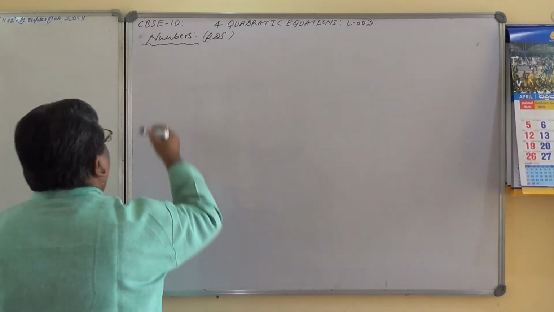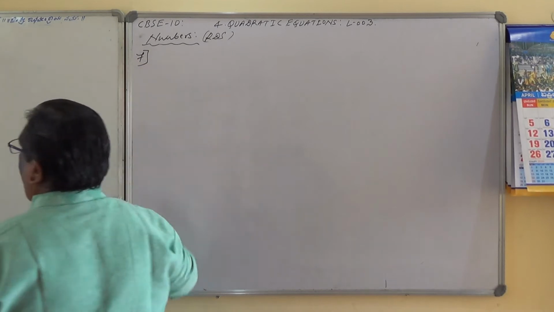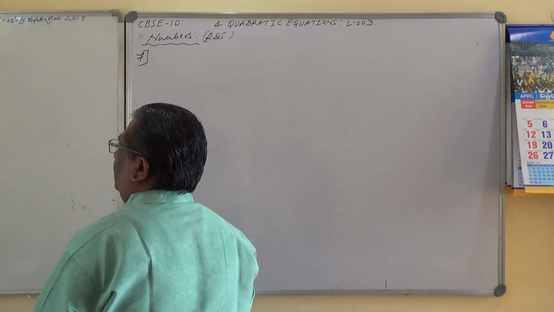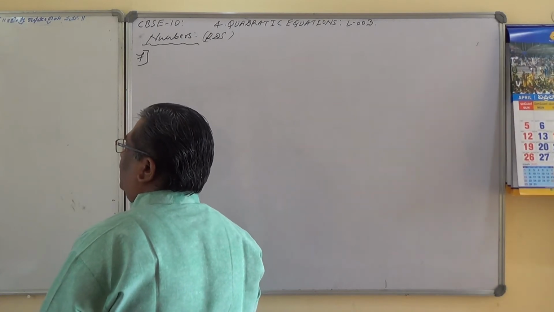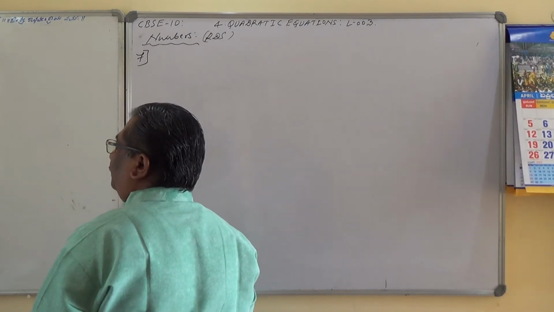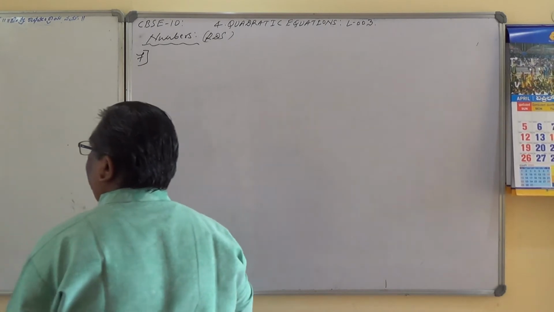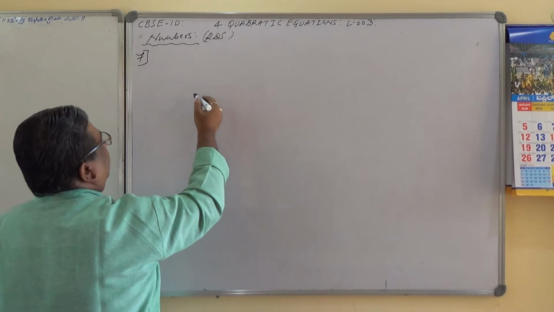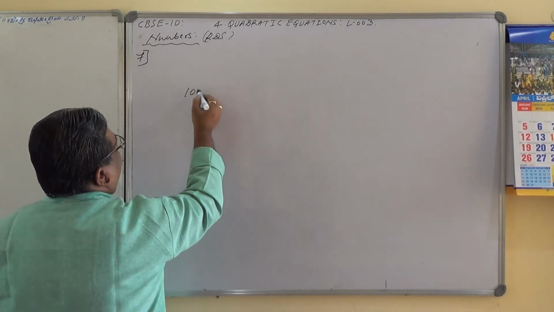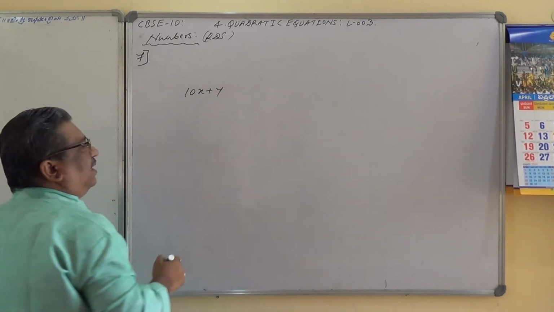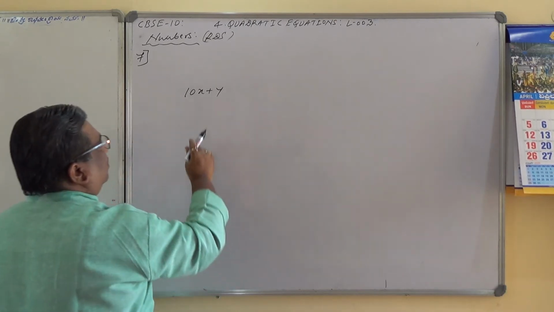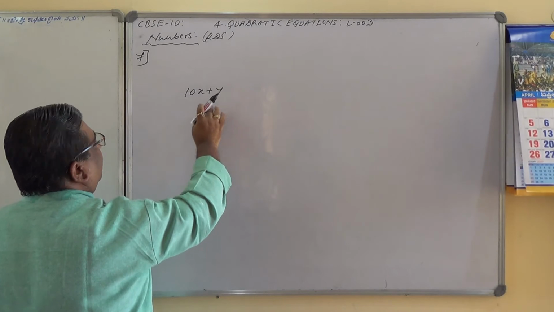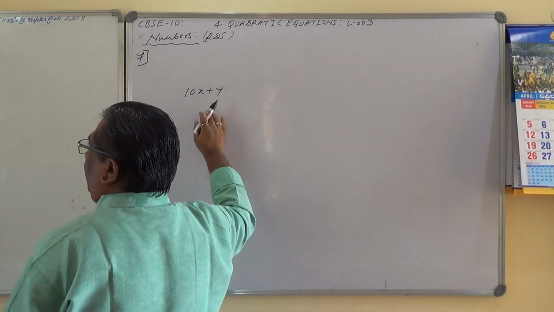Example 7. What it says: a two-digit number is such that the product of its digits is 18. Generally a two-digit number is represented by 10x plus y, isn't it? Now, how do you find out the units digit here?